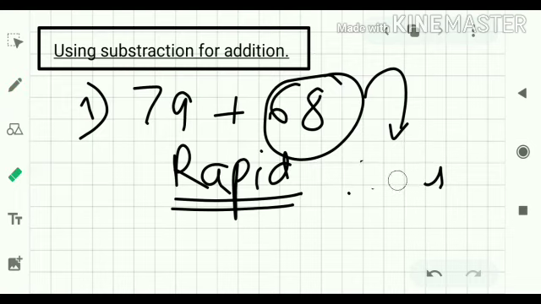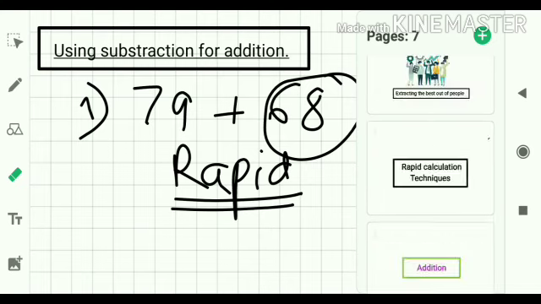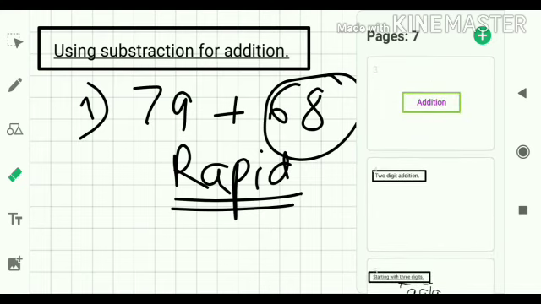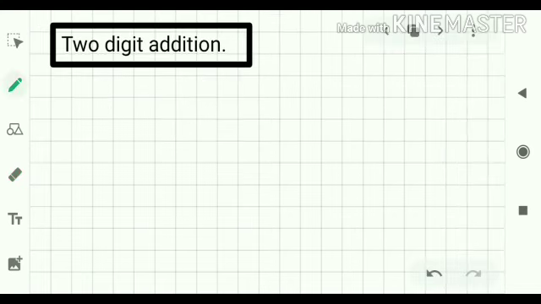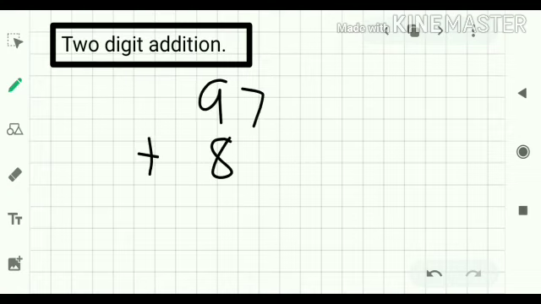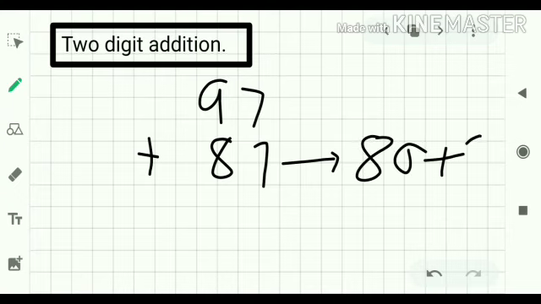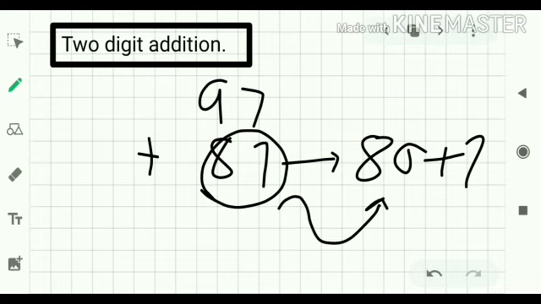For example, in two-digit addition, while adding 97 and 87, we convert 87 into 80 plus 7. So we are converting a certain number into a multiple of 10 in every case.